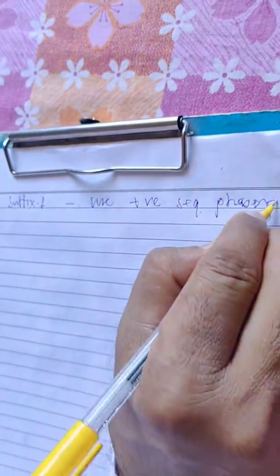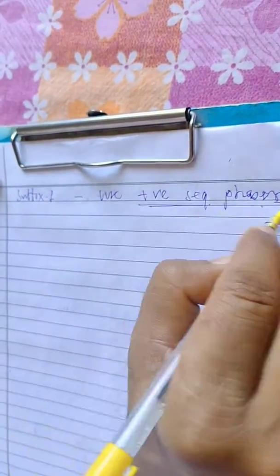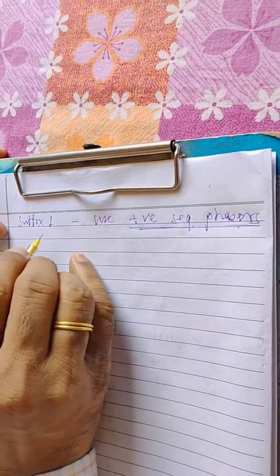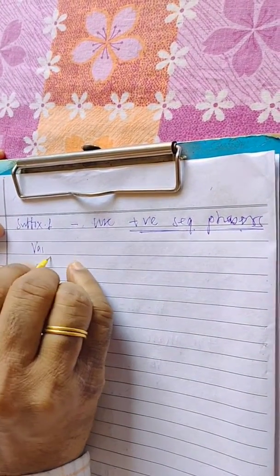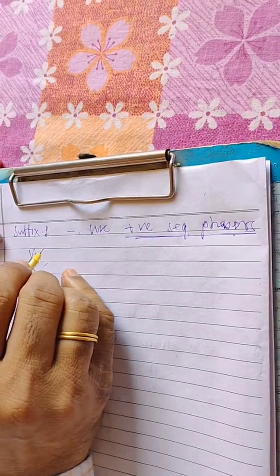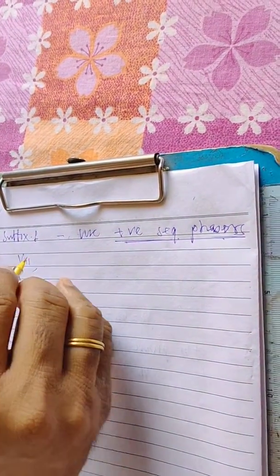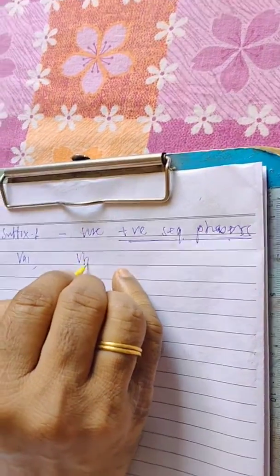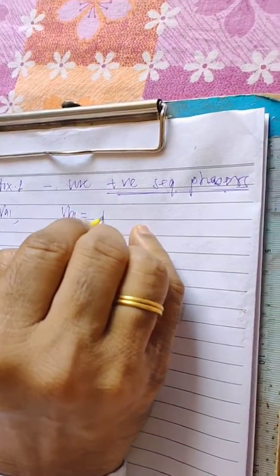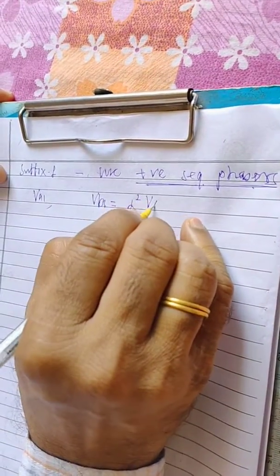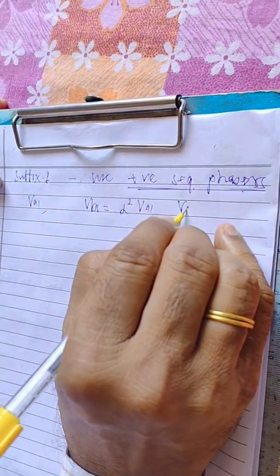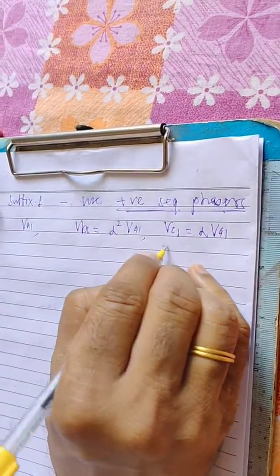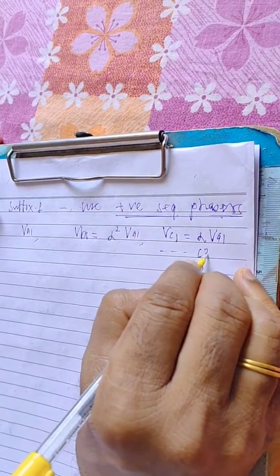So we can write VA1, the positive sequence component of phase A, then VB1 is equal to alpha square VA1, and VC1 is alpha VA1. This is equation 2.